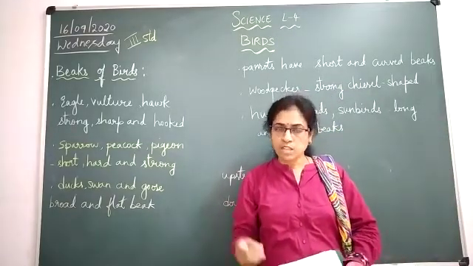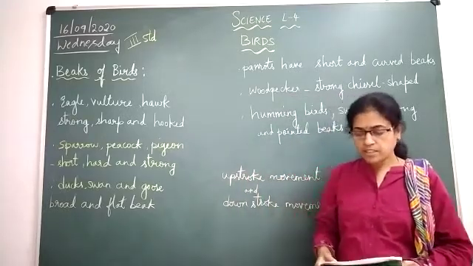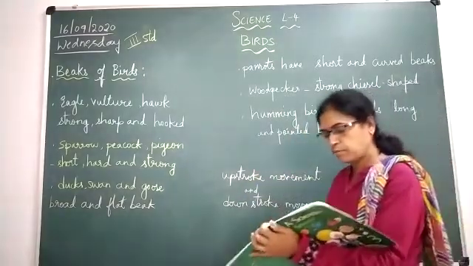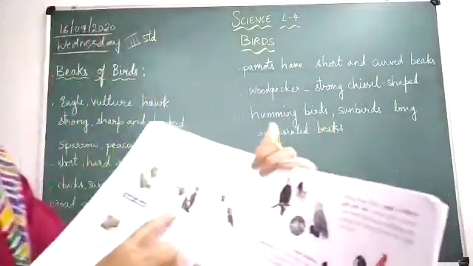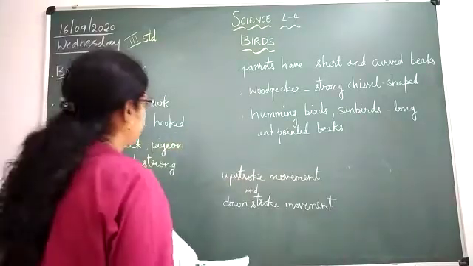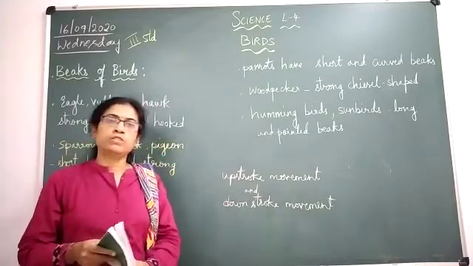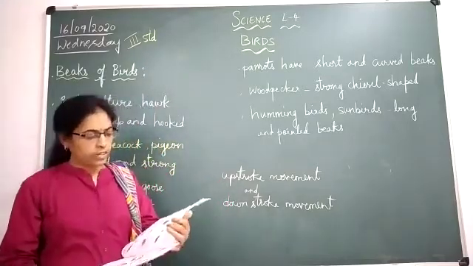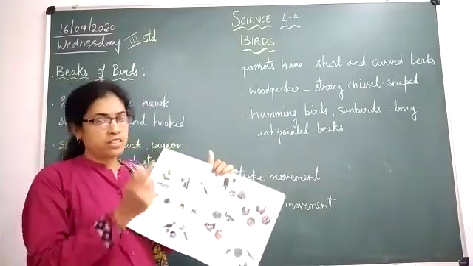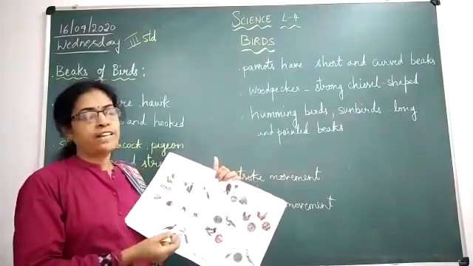Birds like woodpeckers have strong chisel-shaped beaks, which help them to peck the bark of trees and pull out insects from the holes in the tree trunk. They peck so hard they can make a hole in the bark. You can see this on the Discovery or Geography Channel.